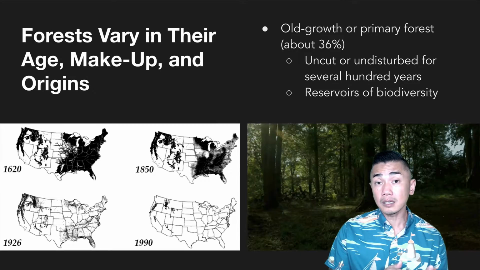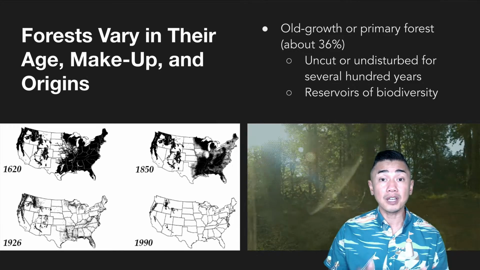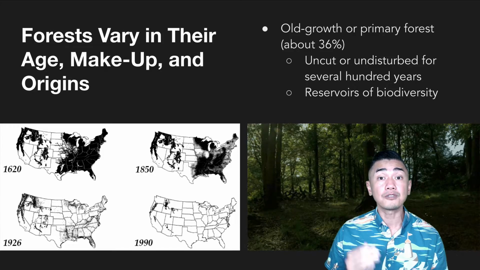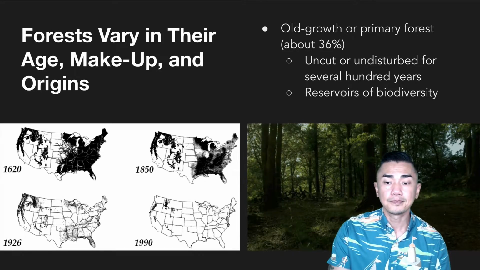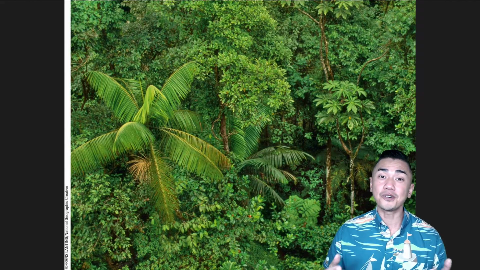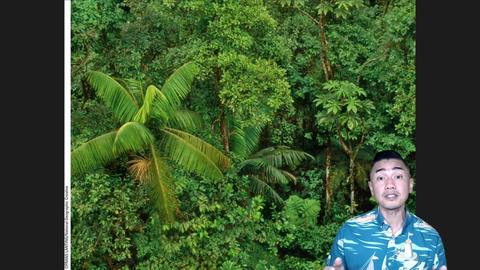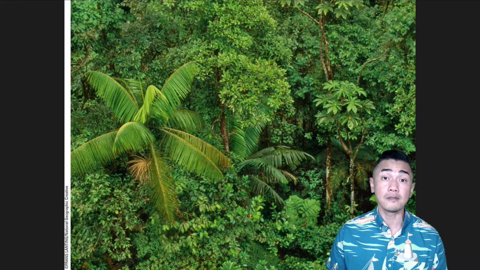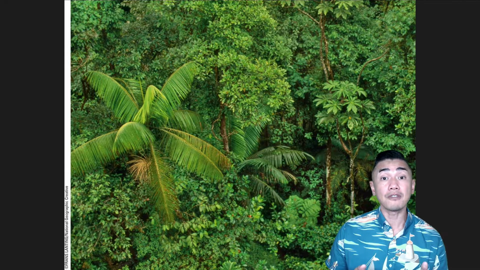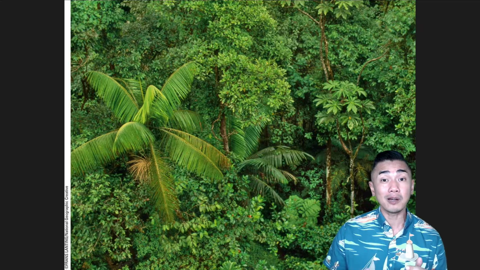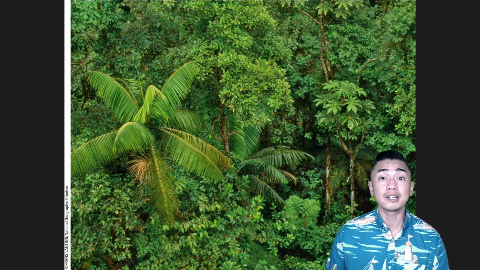They've been uncut or undisturbed for several hundred years, and because they're complex and mature, they are reservoirs for biodiversity. This is a photograph of old growth or primary forest in the Monteverde region of Costa Rica. In this one photograph alone, you can see the high amount of plant biodiversity that this forest contains.